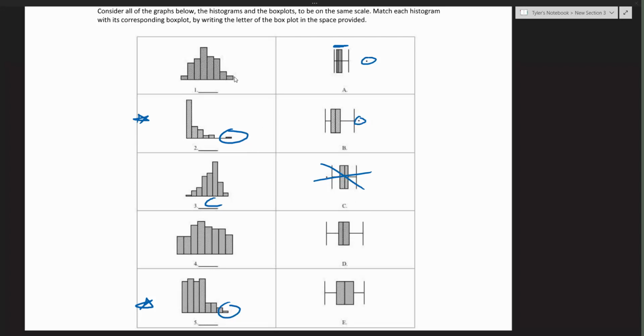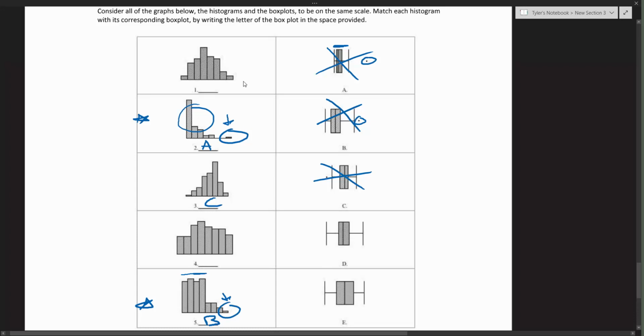So I would say that 2 matches with A. See how it's smushed together here, and then my outlier is further away. Where in 5 the data is not so smushed together, and the outlier is closer. So I would match B with 5. So we took care of those.